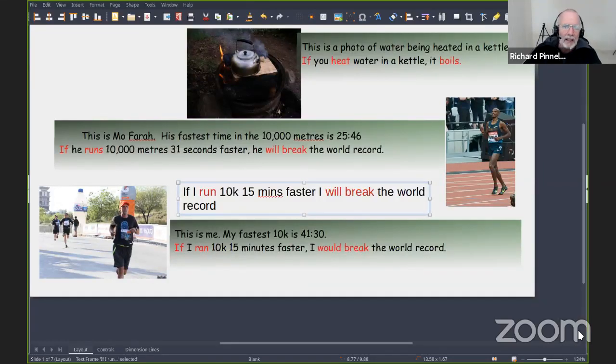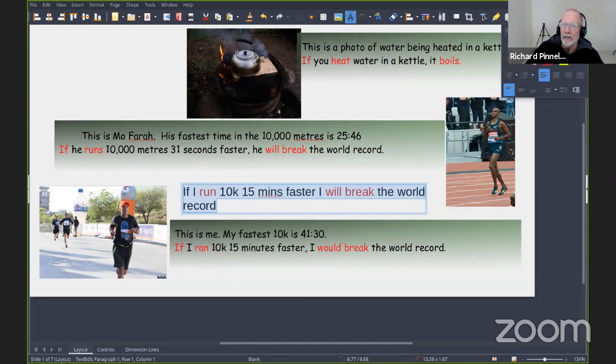Okay, so have you been paying attention to this? My question is, today we're looking at conditionals. Why can't I say this? Or anybody in the chat? We've also got Carlos. Hi, Carlos. Can you hear me, Carlos? Who can tell me why this sentence here is incorrect? But it's correct for Mo Farah, but not for me.